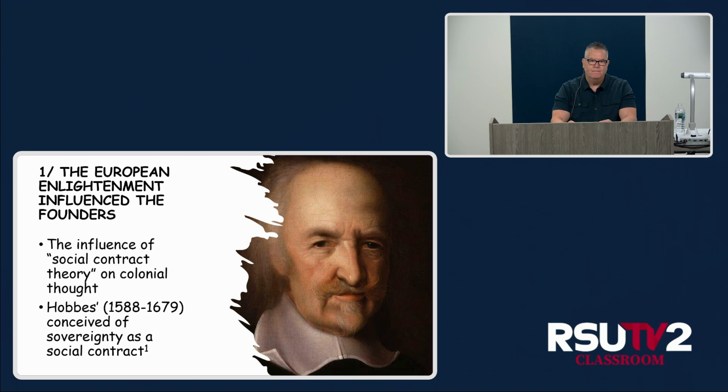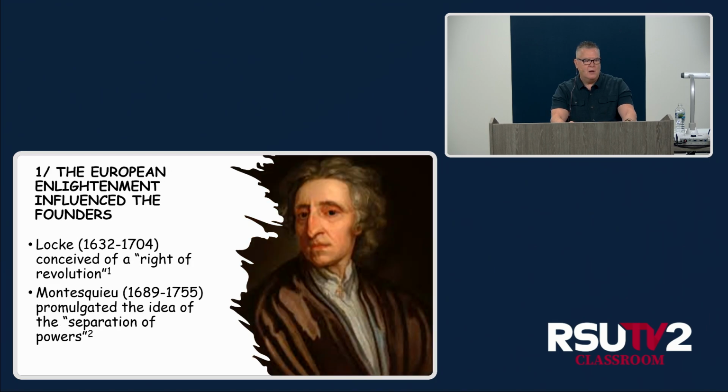Okay? So another important social contract theorist was John Locke, and he was a teenager, I think, when Hobbes died, but he basically had some more favorable assumptions about human nature. He didn't believe that we were inhuman, cruel, savage beasts.